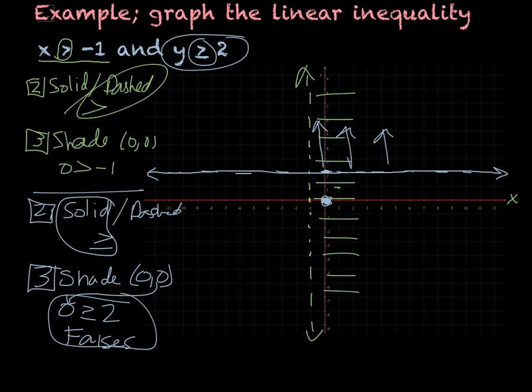And then what I'm going to do is actually only shade the intersection. I would technically do all of these. But my final answer is just going to be where they both overlap.